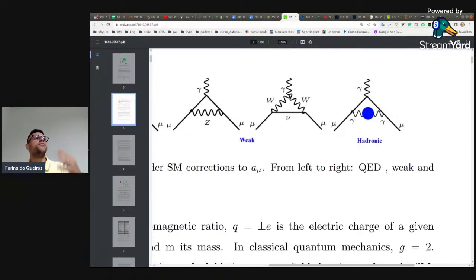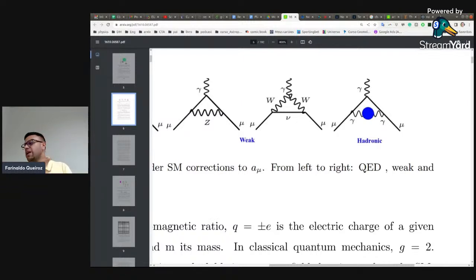And now we have 3 or 4 groups using lattice calculation, and all of them merged on the same result. And this result gives rise to a contribution which is larger than the data-driven result. So 4 independent groups getting roughly the same result, which is different from the data-driven.